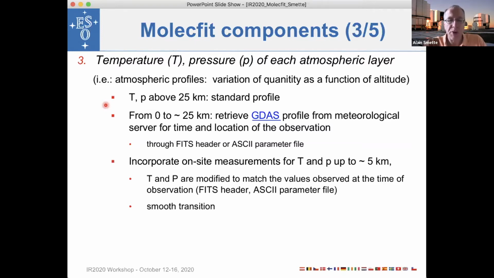Molecfit will also actually use the temperature and the pressure as provided by any weather station at the observatory, in Paranal typically, or Armazones, and will slightly modify the values for the time of the observation.